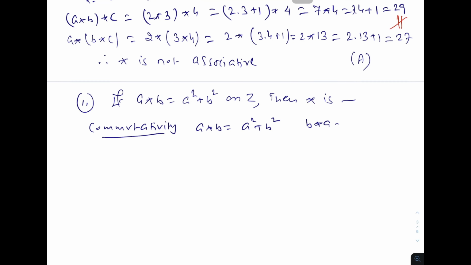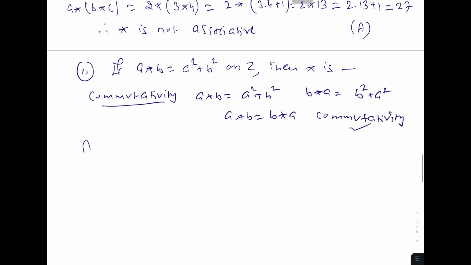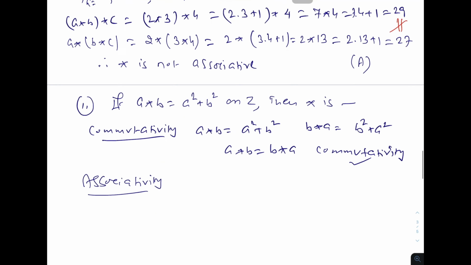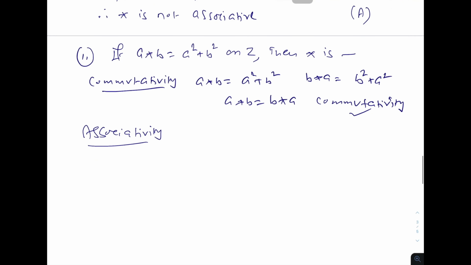What is b star a? It is b square plus a square, and we know both are the same. So commutativity is satisfied. Associativity: same way you can check by taking some number. It seems that it's not associative.